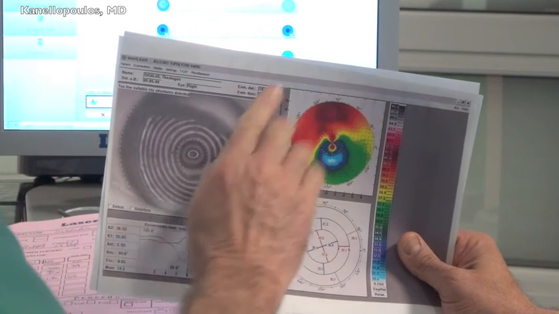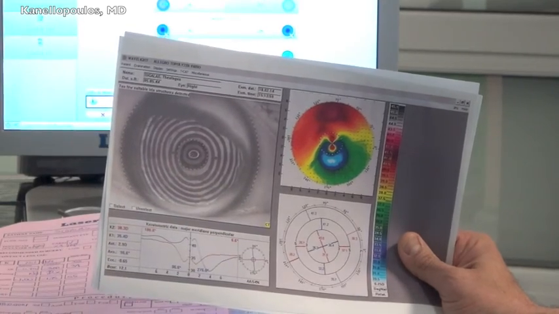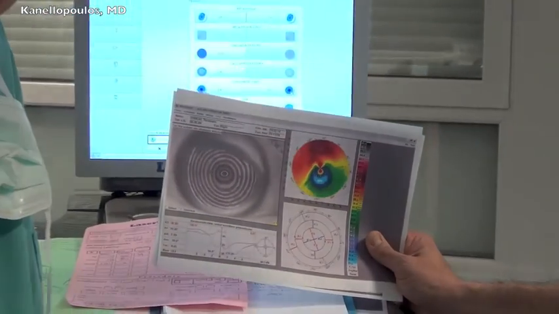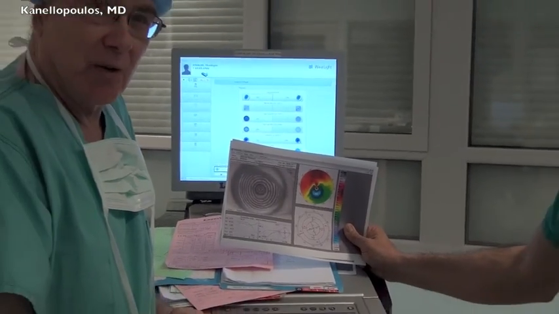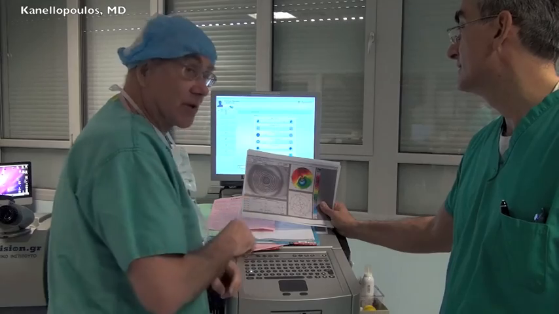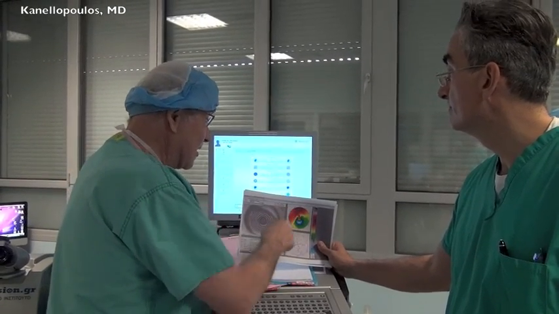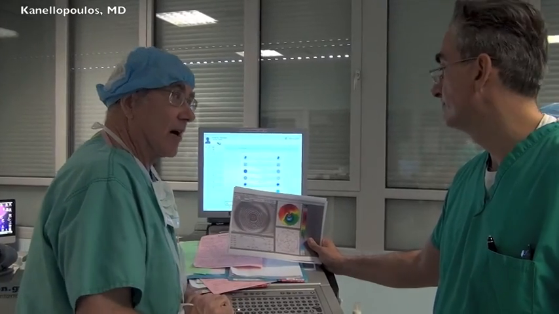So even though we sometimes consider the placido image old-fashioned, it's old topography, we need to still learn how to look at this image and understand what's going on, because that's the real picture. The rest of this is just mathematically derived.